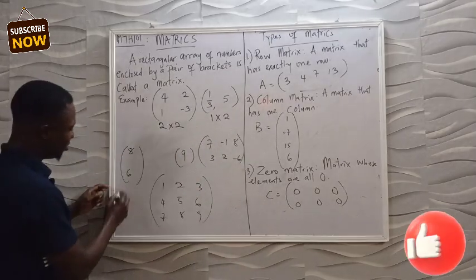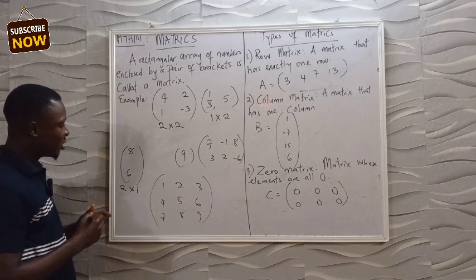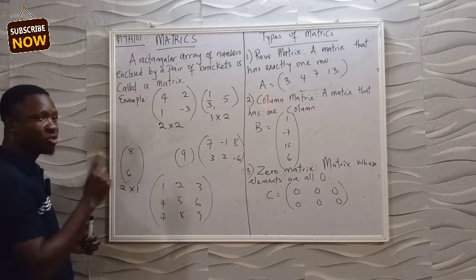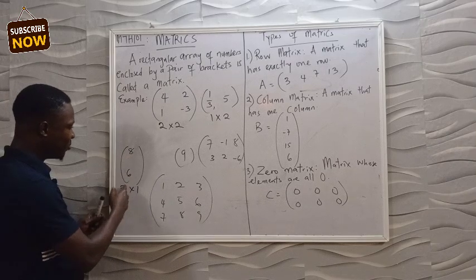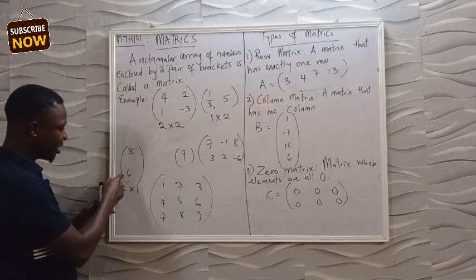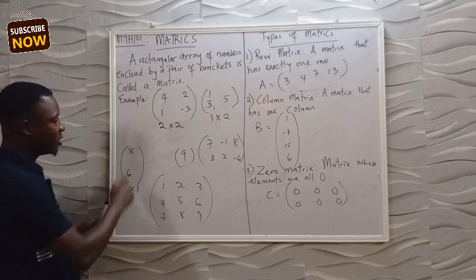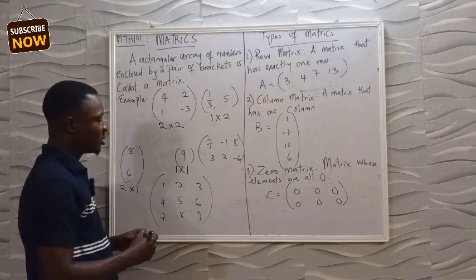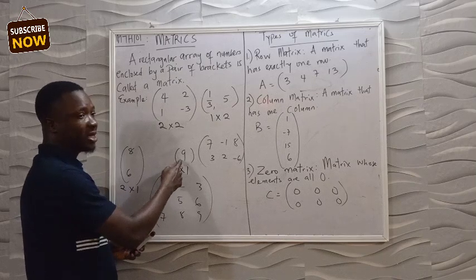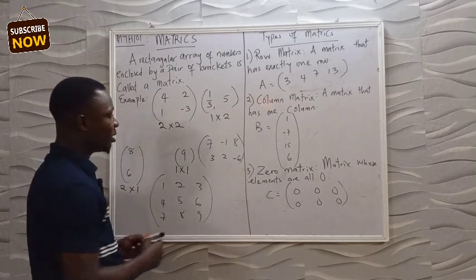This is called a 2 by 1 matrix because you need to consider vertical before horizontal. So vertically we have 2 numbers, which is 8 and 6, but horizontally we have only 1 number, which is 8. This is a 1 by 1 matrix because both vertically and horizontally we have just a single number.